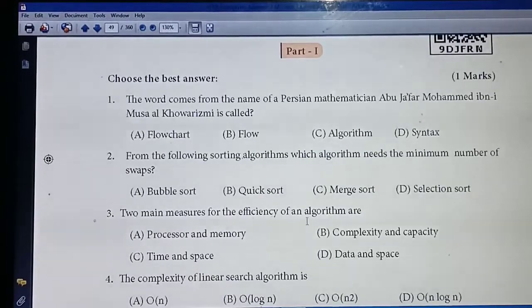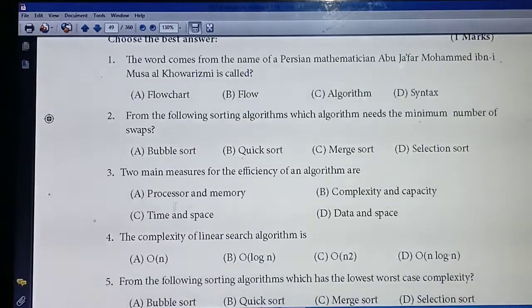First question answer is option C, algorithm. Then second question answer is option D, selection sort. Then third question answer is option C, time and space.